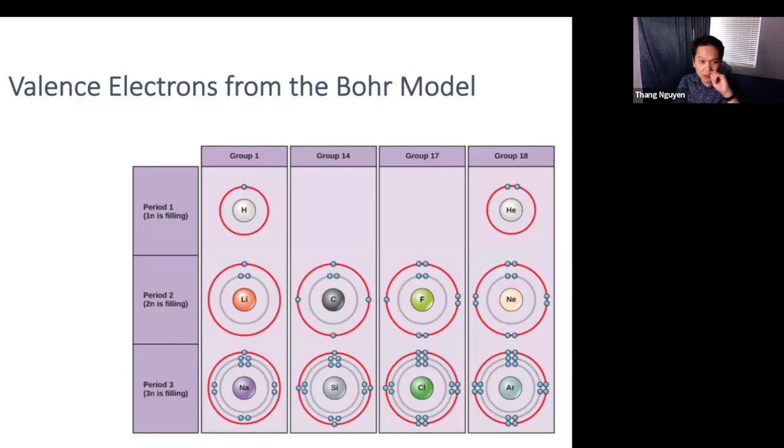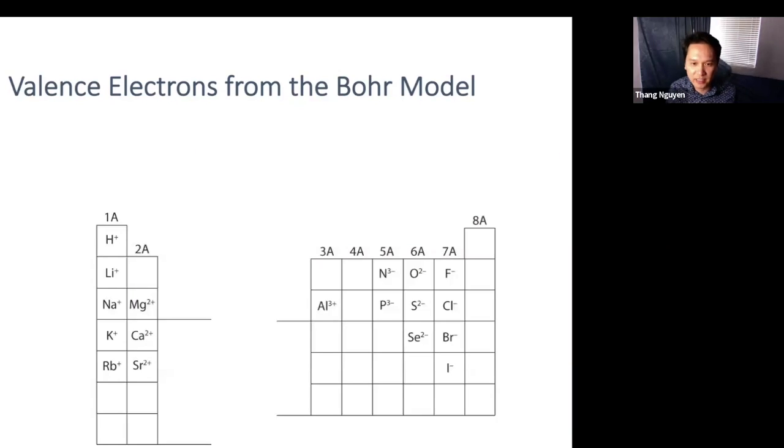Okay, so that comes back to our Bohr model focusing on the valence electrons. The faster way of doing it is to know the columns where those elements are, because it corresponds to the number of valence electrons. So like I said, if you're in column 1A, you have one valence electron. This is the quick way.